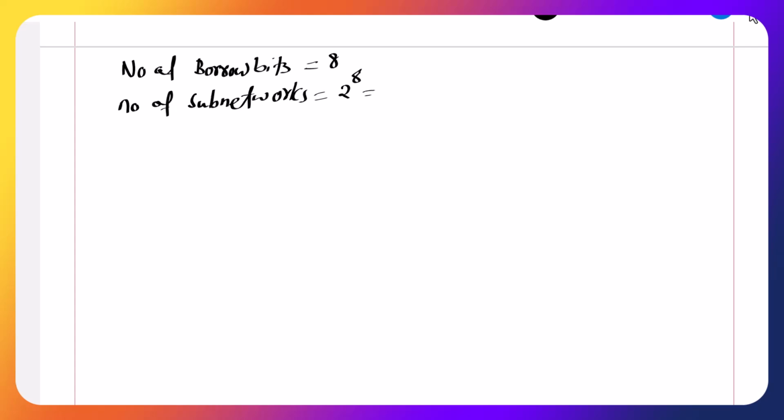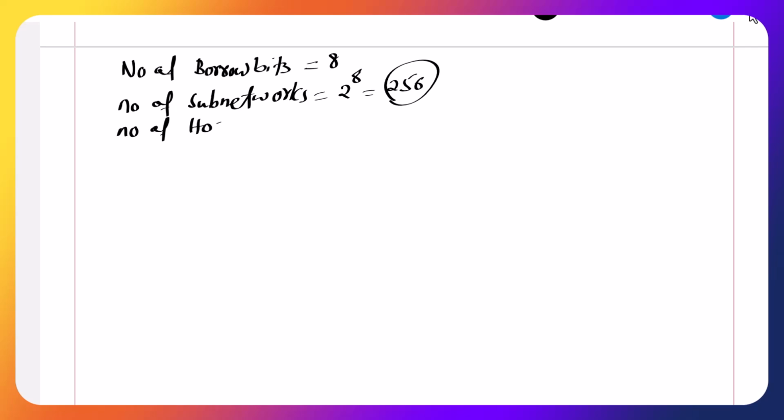Now I am going to borrow 8 bits. So what will be the number of subnetworks? Very simple, 2 power 8 is equal to 256. Number of subnetworks is equal to 256.